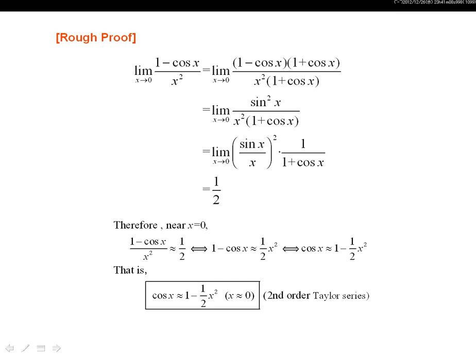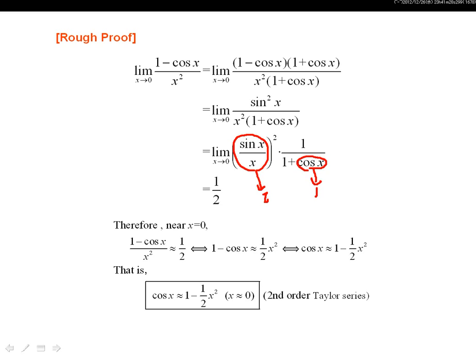As x goes to 0, sine x over x converges to 1 and cosine x converges to 1. So the value of this limit is a half.